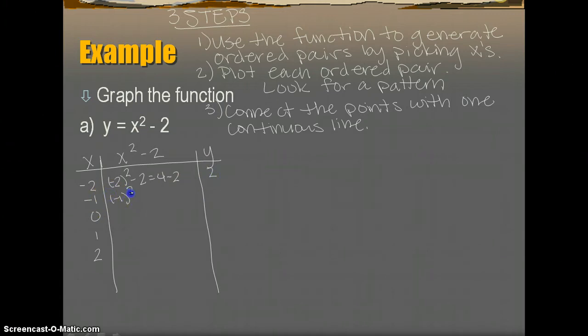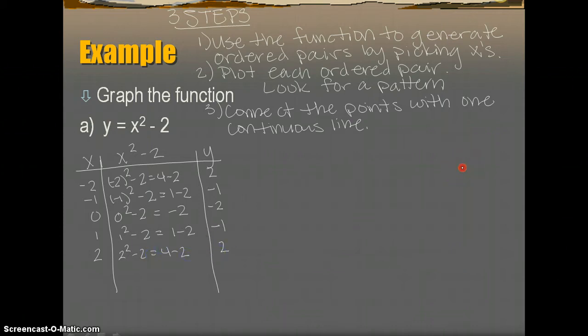Then you go -1 squared minus 2, that is 1 minus 2, so -1. 0 squared minus 2 is equal to -2. 1 squared minus 2 is 1 minus 2, so -1. And then again, 2 squared minus 2 is 4 minus 2, which is 2.